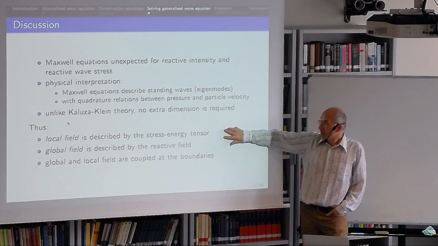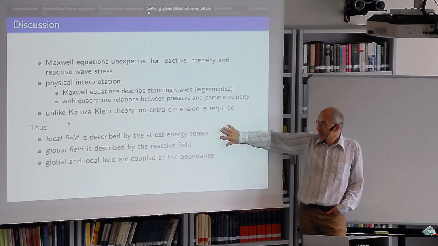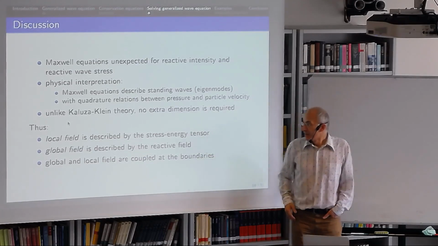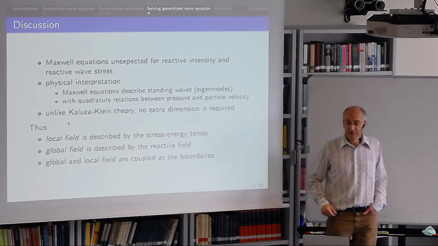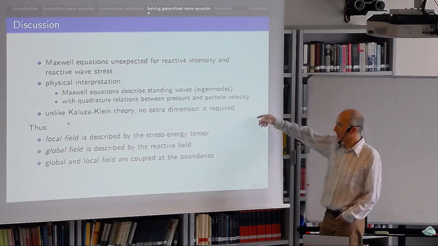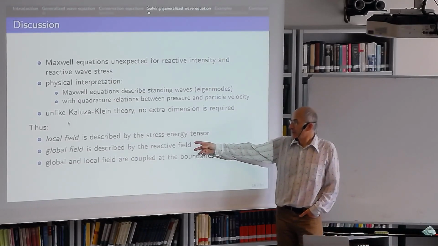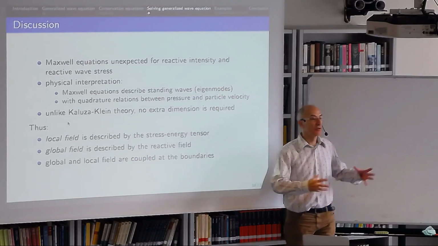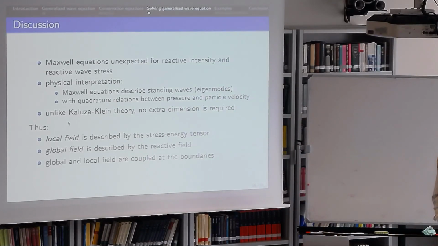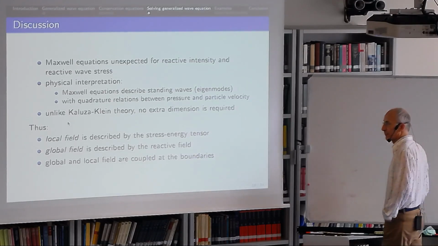So, in other words, the local field is described by the energy tensor, and the global field is described by the reactive field, or the Maxwell equation, just because we know that eigenmodes are usually a global way of looking at a space and not a local space.